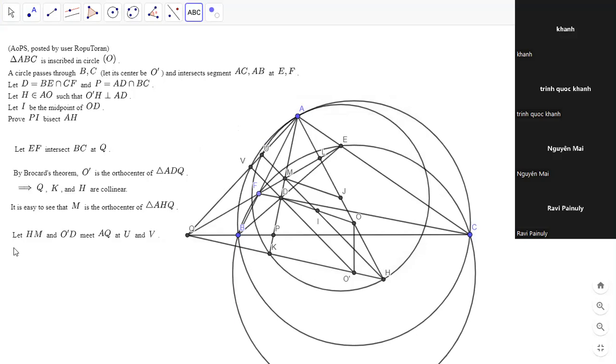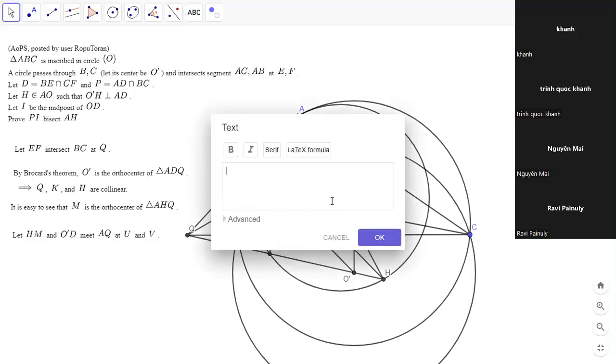So first of all, angle AUH and angle AKH equal 90. So that means AUKH is cyclic.